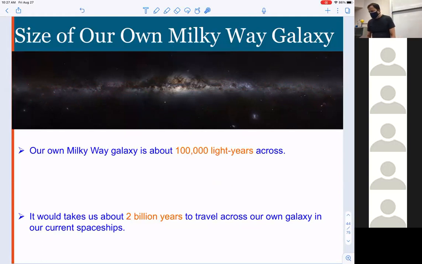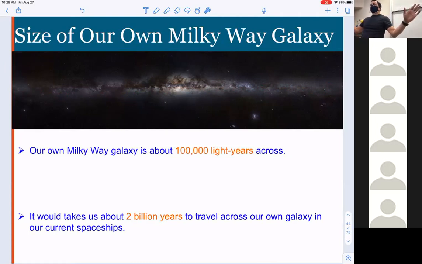What that means is, if you are, say, at this end of the galaxy here, and you turn on a flashlight, the beam of light will travel across the galaxy. For it to reach the other end, it would take 100,000 years. Imagine coming into this room, turning on the lights, having to wait 100,000 years, you die 1,000 times, and then the lights come on.